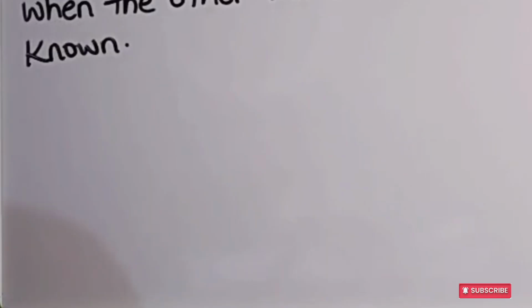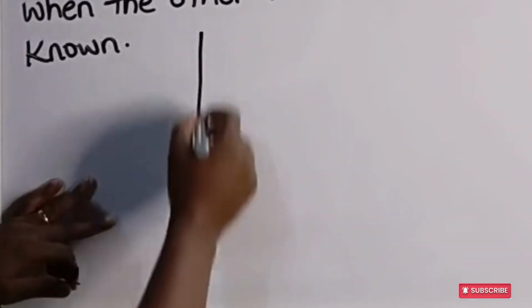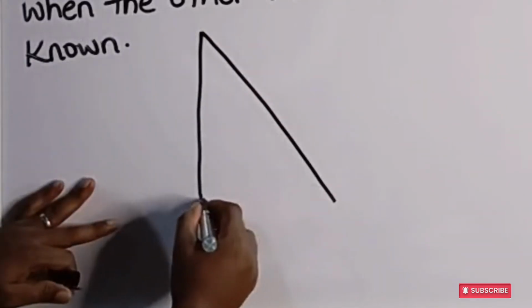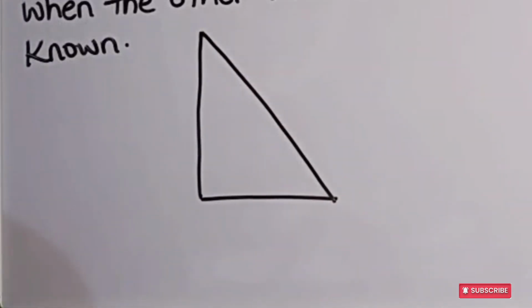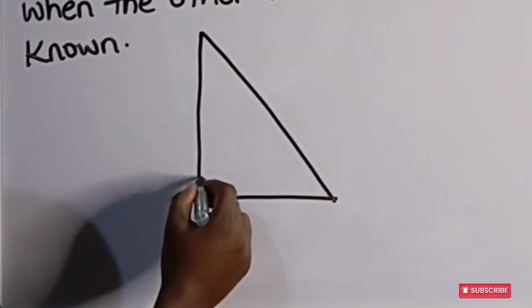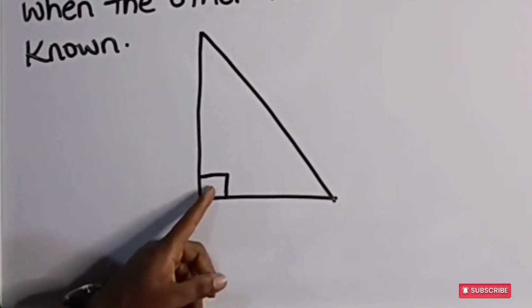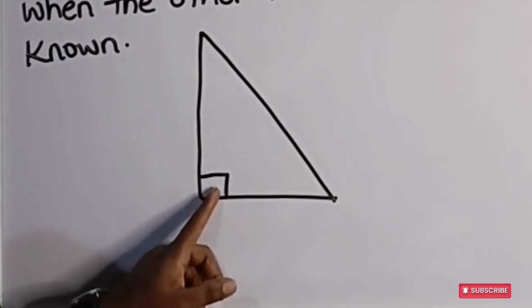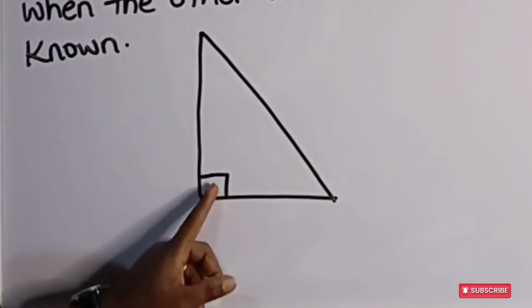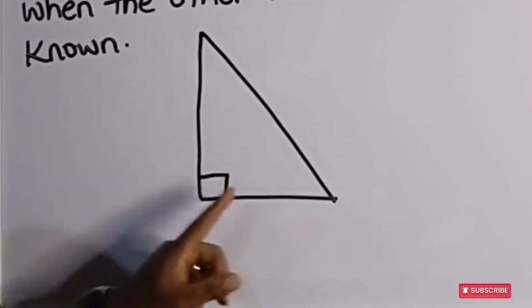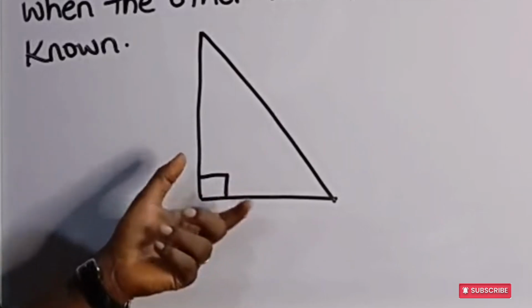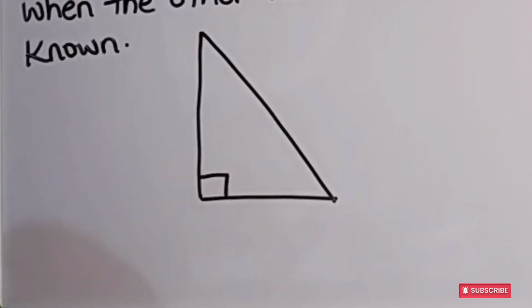So if we have a triangle like this, and then you have an angle here, this sign here tells us that this angle here is 90 degrees. So since one of the angles of this triangle is 90 degrees, it means that this triangle is a right angle triangle.